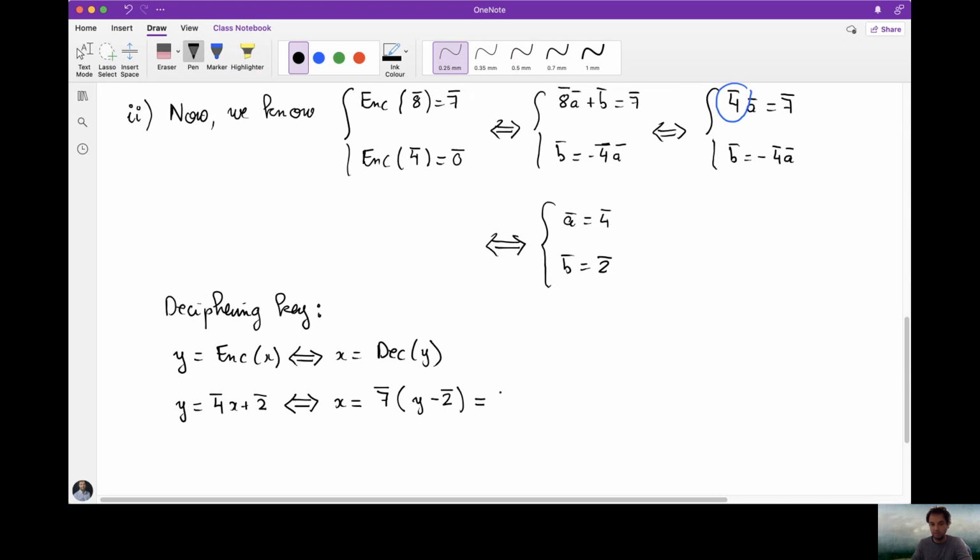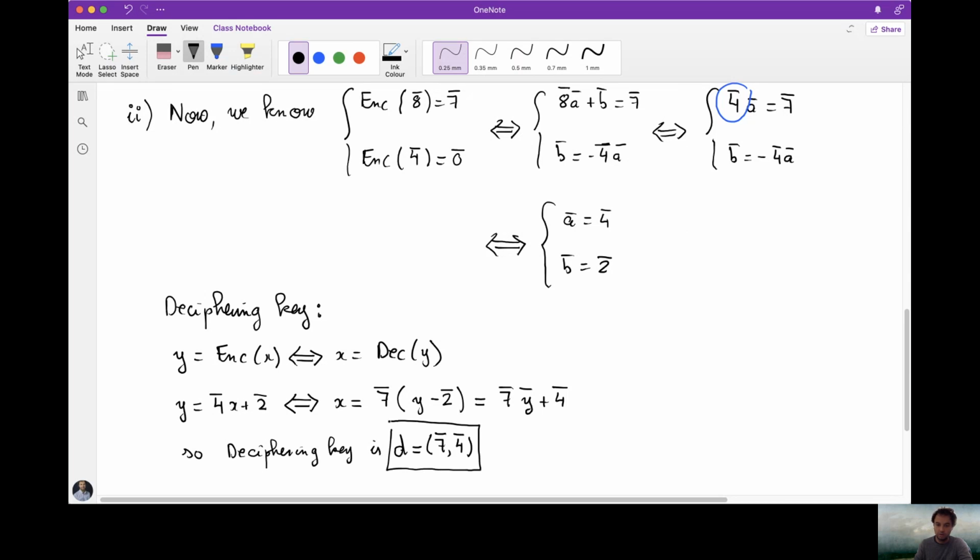Okay, so this is 7y, and minus 14 is plus 4. Plus 4, so the deciphering key, which we usually call D, is D equals 7, 4. Okay.